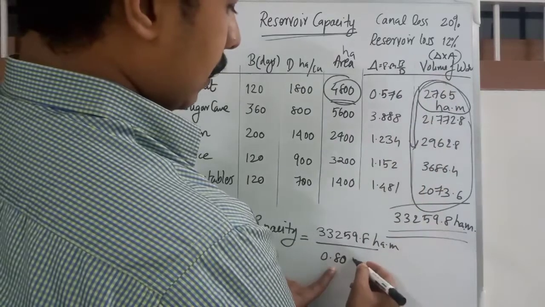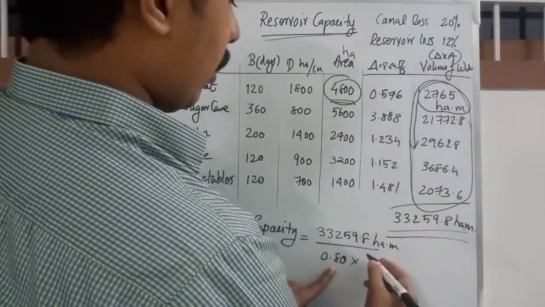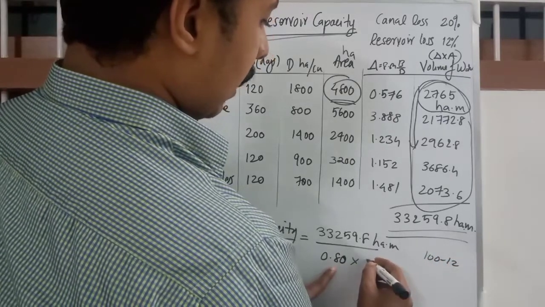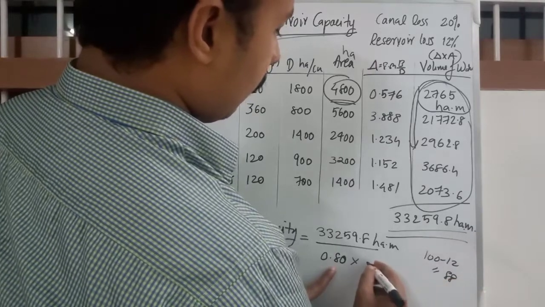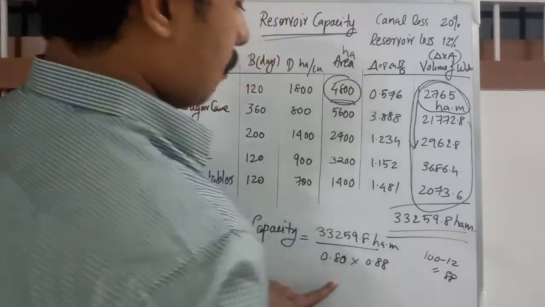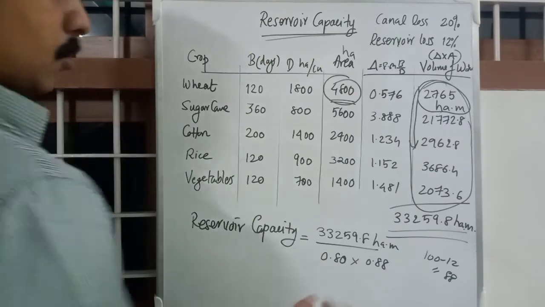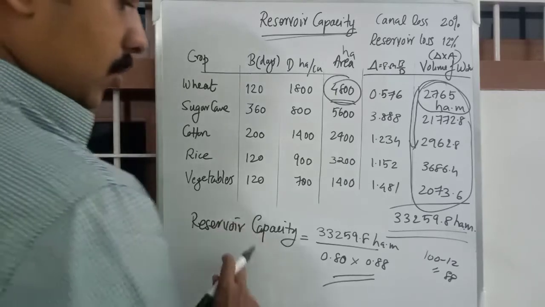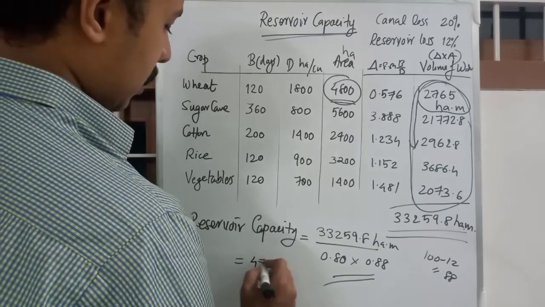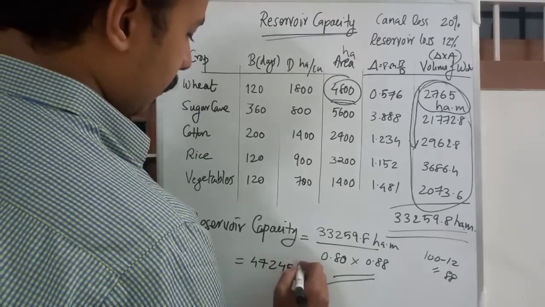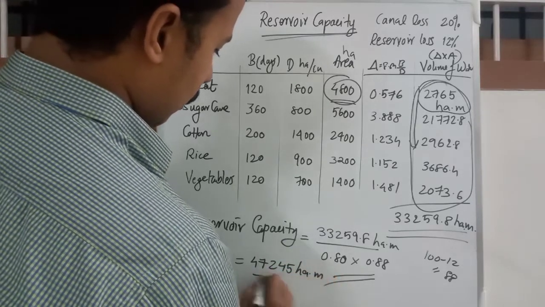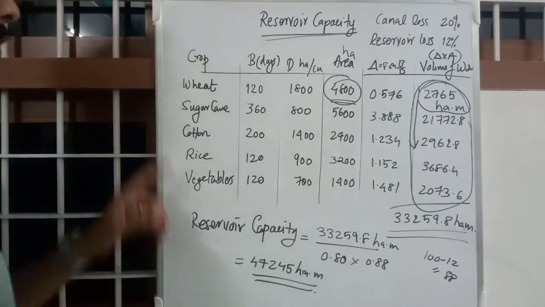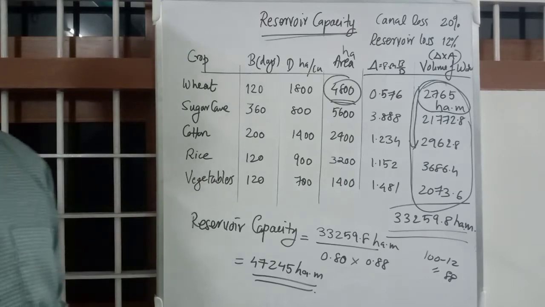Then you divide again for reservoir loss, 100 minus 12, that is 88, fraction 0.88. That is how you calculate reservoir capacity, and the answer is 47,245 hectare meter.